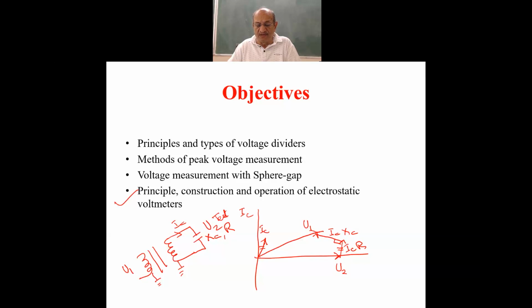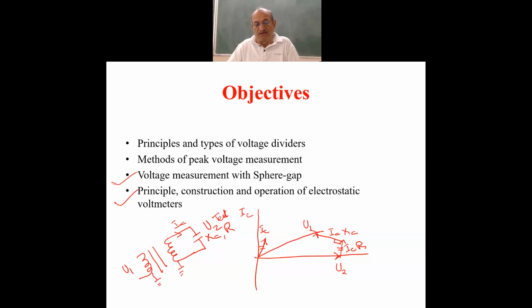It is not electrostatic voltmeters. I have come across them and used them in high voltage laboratories, but their use is slowly going down. Then there was a very widely used technique of measurement of high voltage, that was measurement with the help of sphere gaps. You might have seen in the laboratory very large size spheres made out of copper, two spheres.